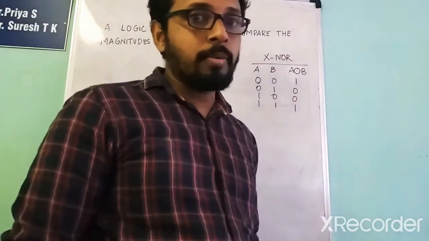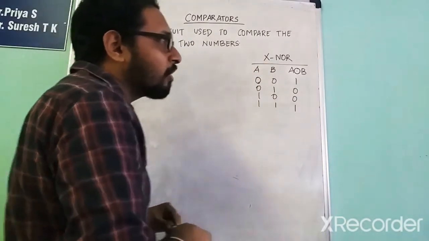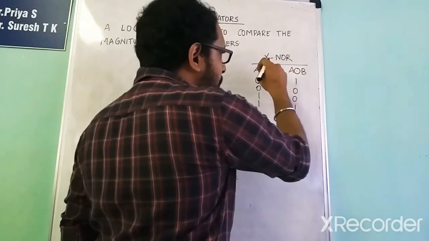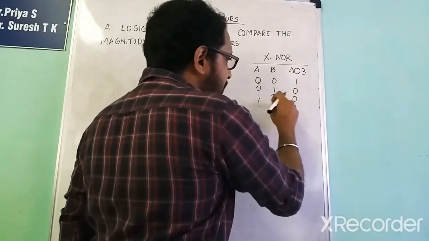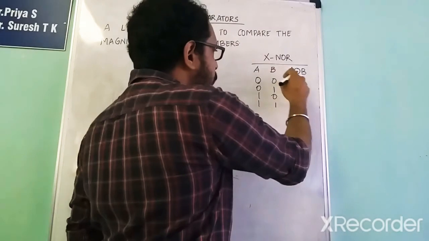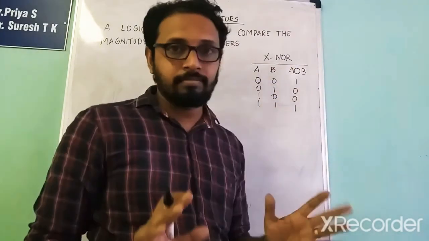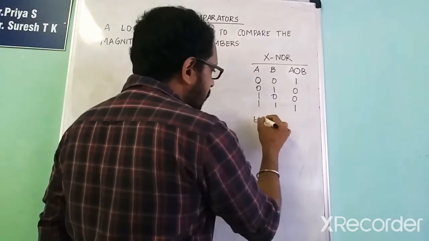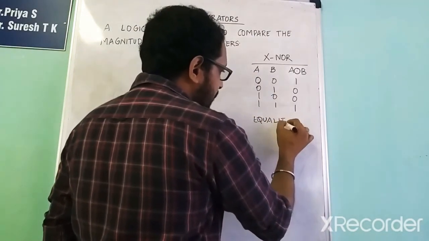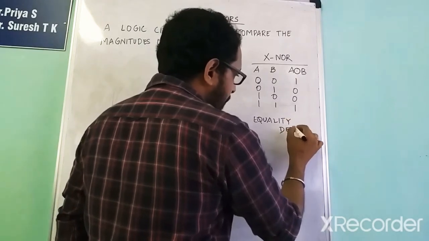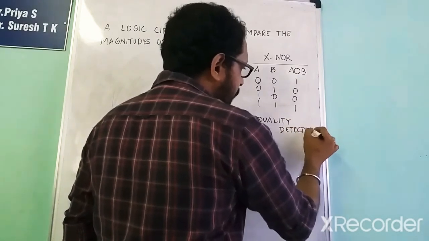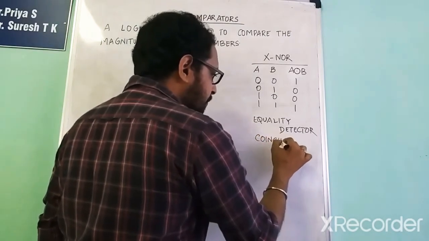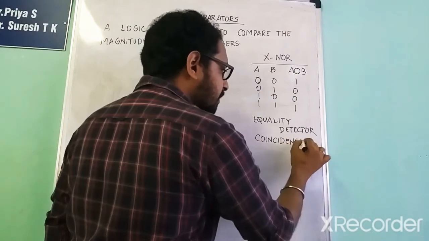But XNOR is a gate where the output becomes high when both inputs are the same: 00 gives 1, 11 gives 1. The XNOR gate is also called the equality detector. Another name is the coincidence gate.